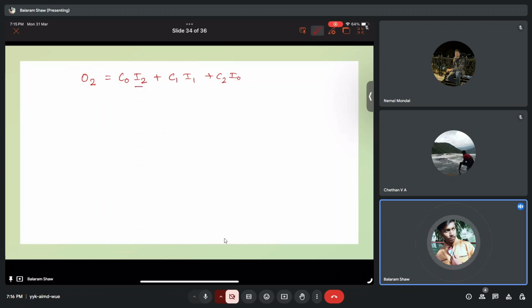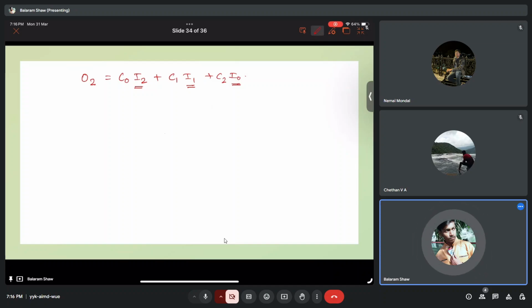Just remember that with C0 we have I2, with C1 we have I1, and with C2 we have O1. Many times we make the mistake of writing C0 I0 plus C1 I1 plus C2 I2, so don't make that mistake. All three C are constants.